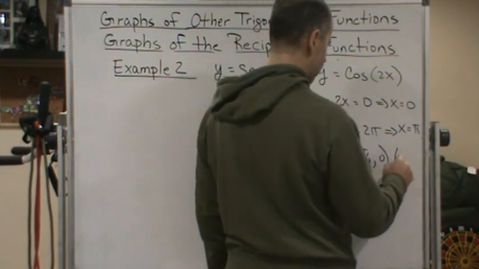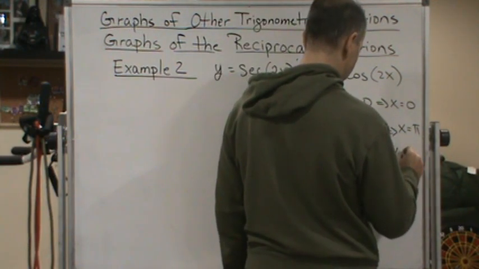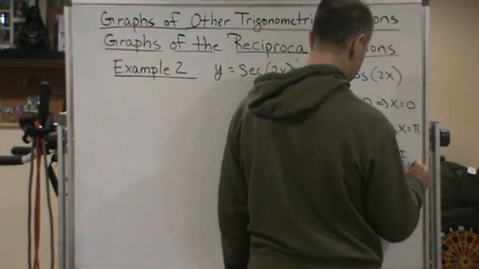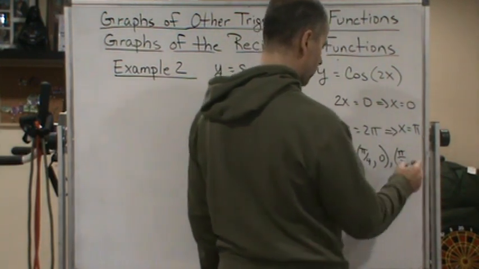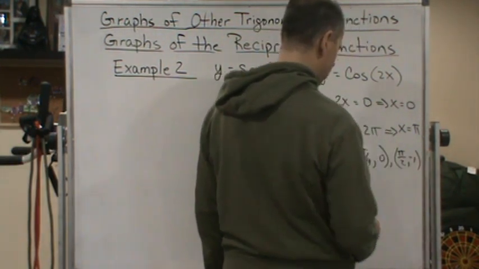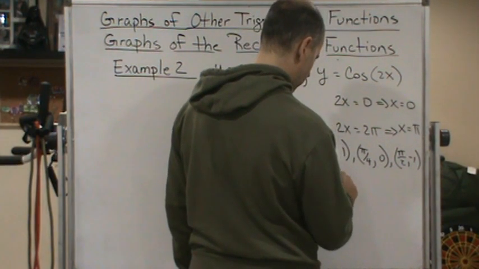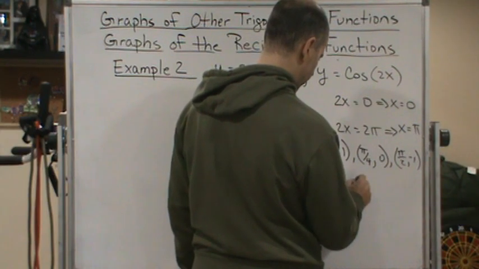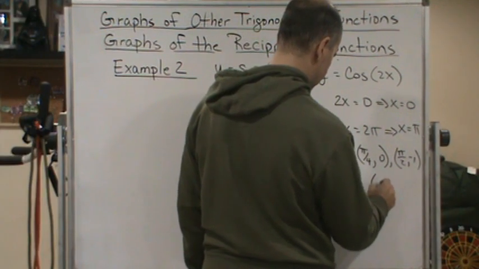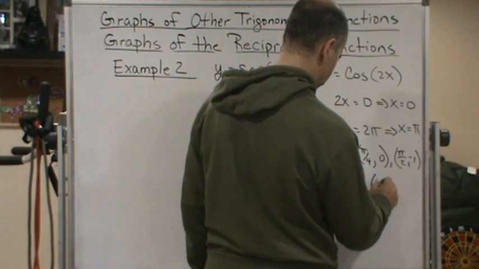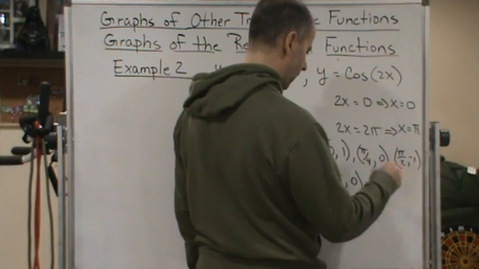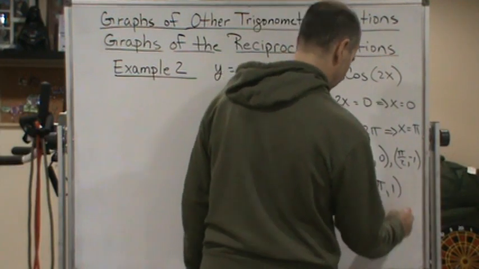And then the next one is going to be pi over 2, which is when it goes down to negative 1. And then at 3 pi over 4, it's going to go back to 0. And then finally, it's going to go to pi, where it ends where it began at 1.